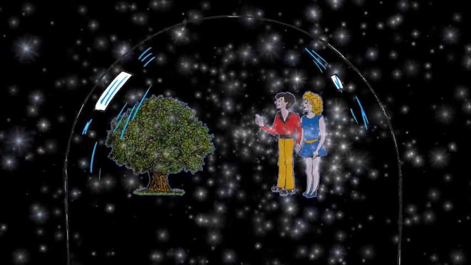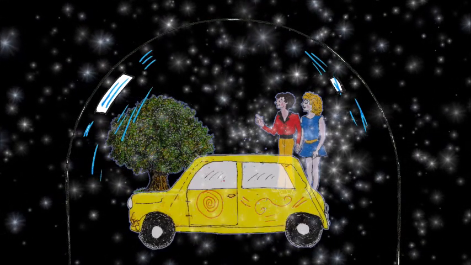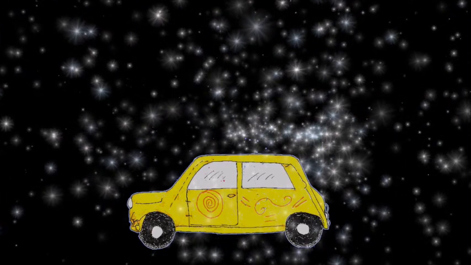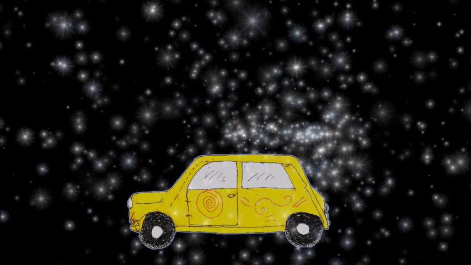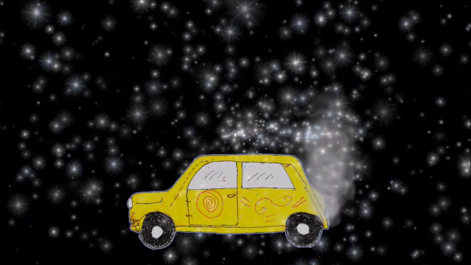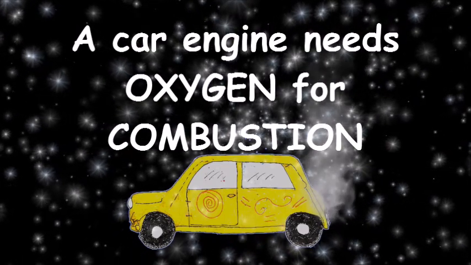Now, what if those people owned a small car? So here's the small car, and we take the people away, the oak tree, the dome, and here's the small car, and it's running. Now, a car, when it's running, also, like the humans, breathes in oxygen.